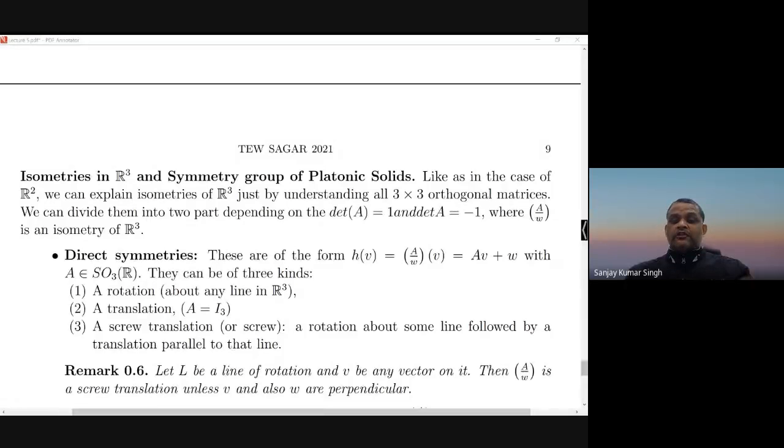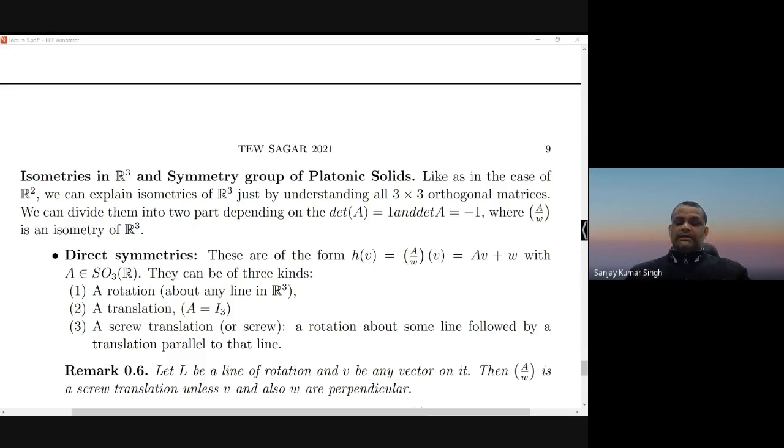Actually there are many things, but because of time limitation, it is very difficult to explain most of them. But this is a very good topic, in the sense that you can ask the question now also in manifolds and many other places: what are the isometry groups of any Riemannian manifold or manifold?